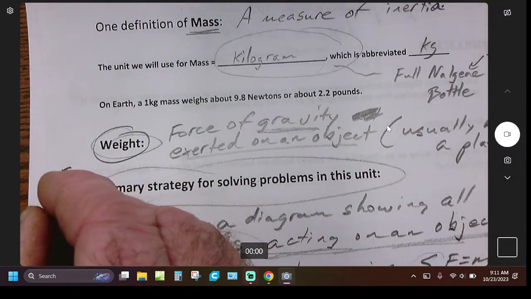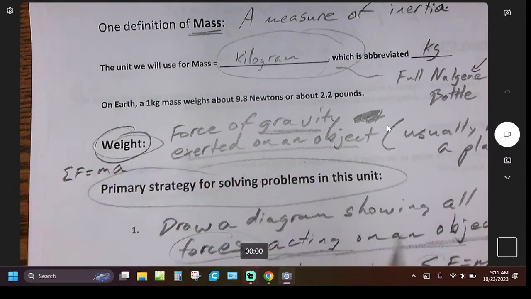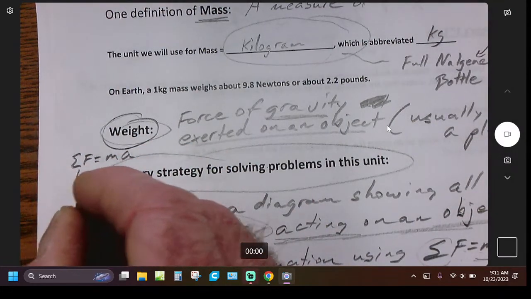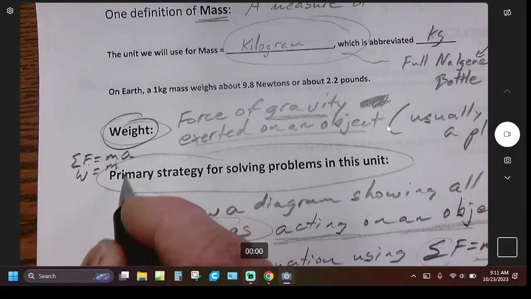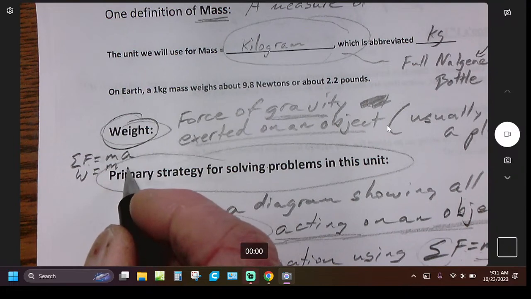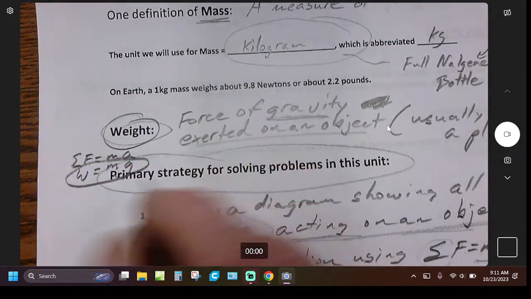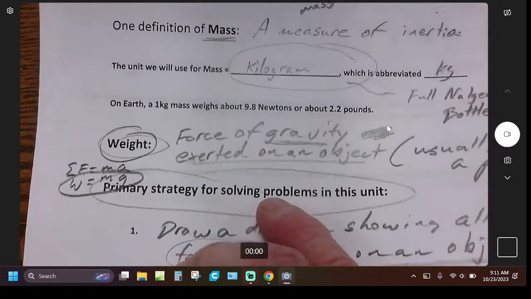And since net force equals mass times acceleration, for weight, which is the force of gravity, you'd multiply something's mass times the acceleration of gravity. What symbol would I use for that? g. So this is the formula for weight: weight is mg. We're going to need that in just a moment.